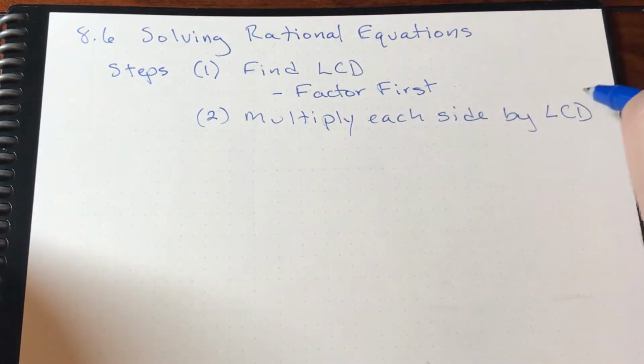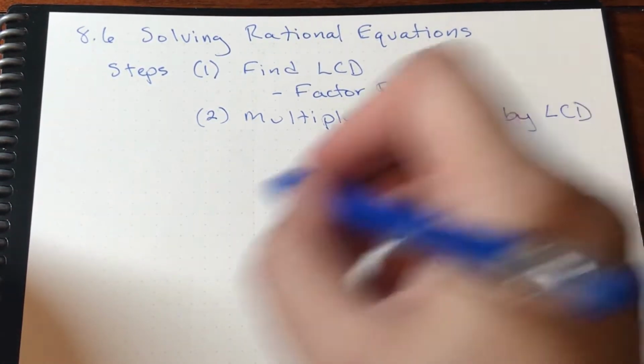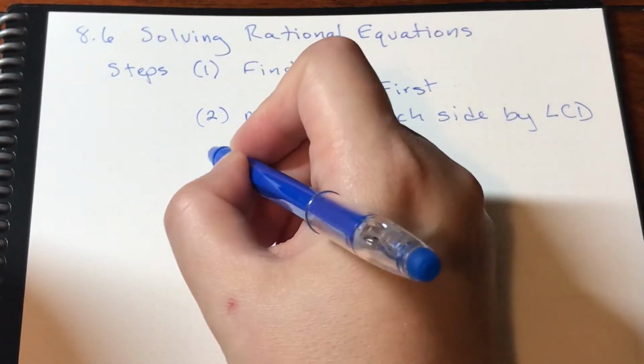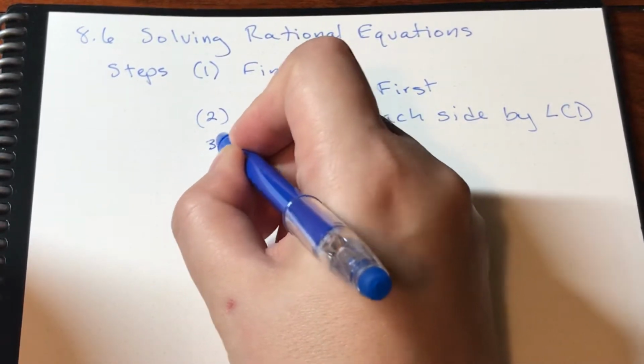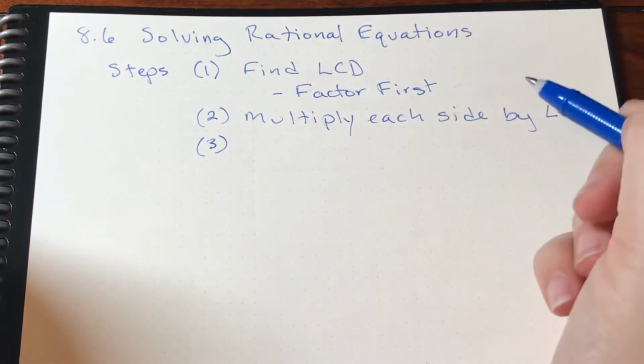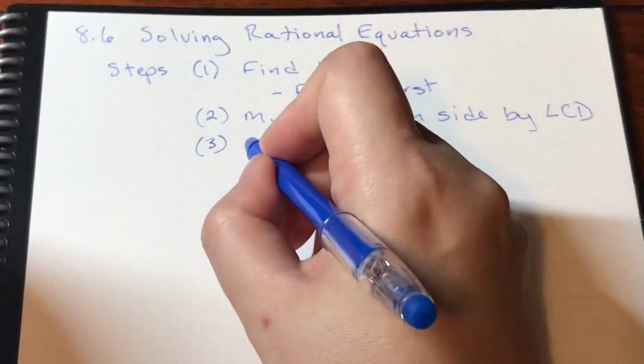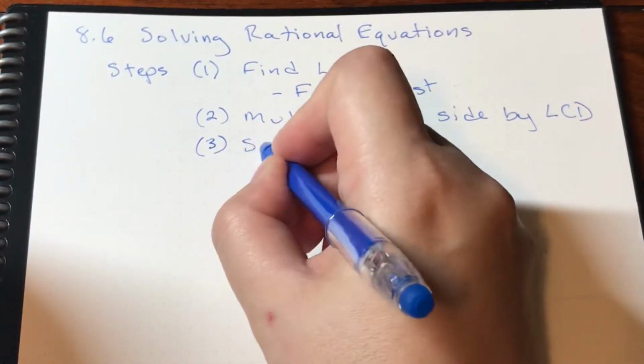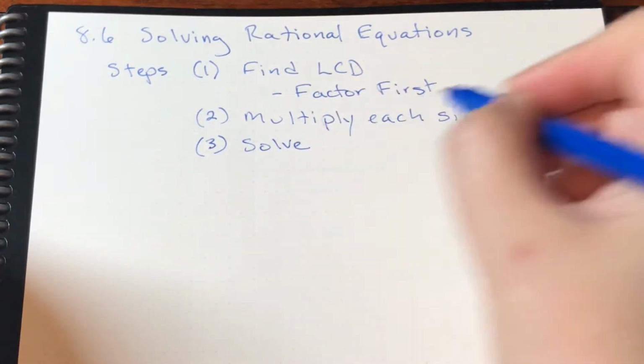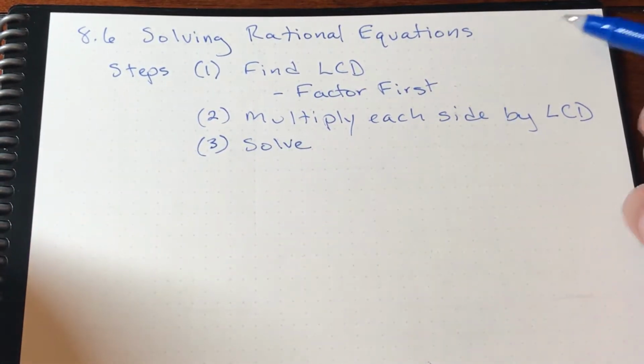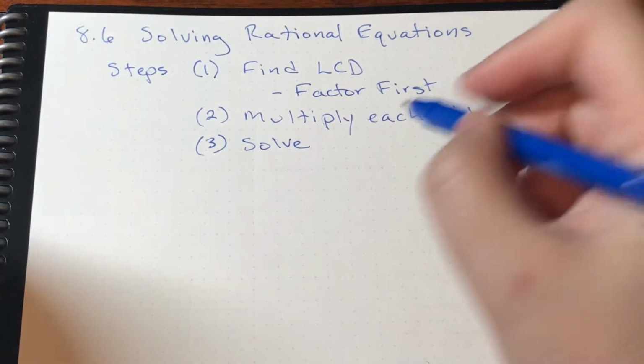And then by doing this, you should get rid of all the denominators. So then you will just solve for the remaining polynomial.